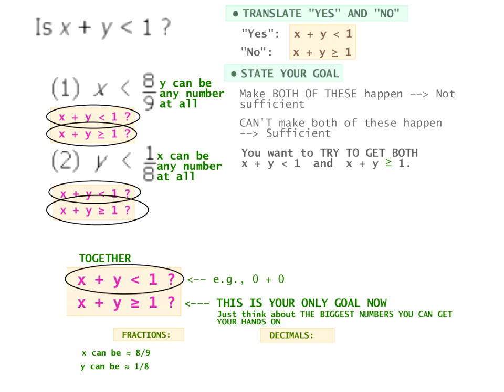So, therefore, x can be as close as you want to 8/9 plus 1/8. If you think about common denominator, that's a common denominator of 72, so that's 64 over 72 plus 9 over 72, which is 73 over 72.